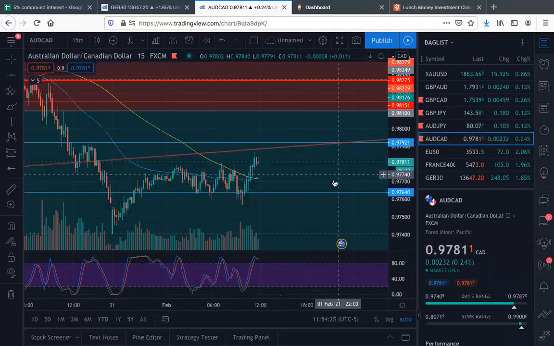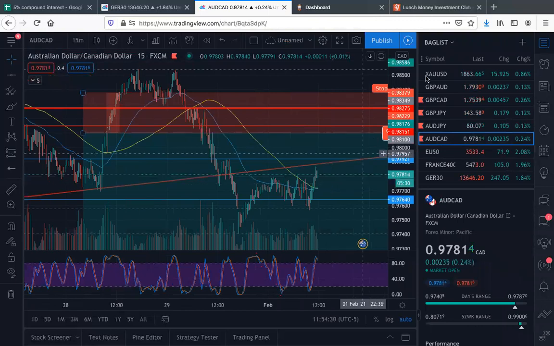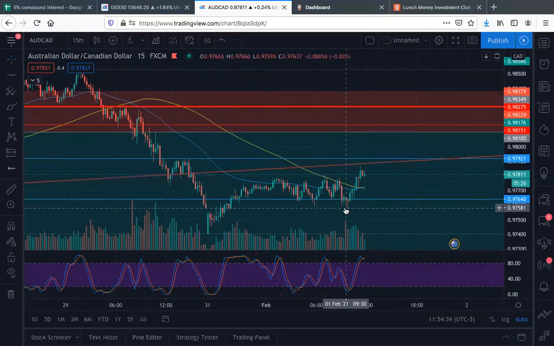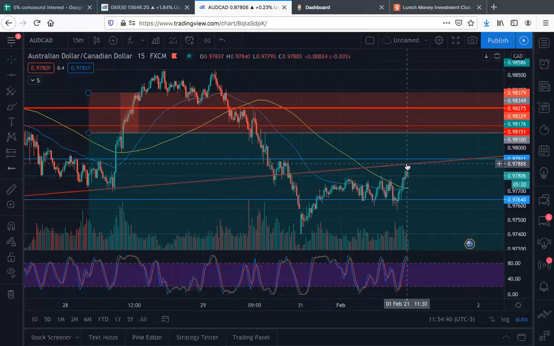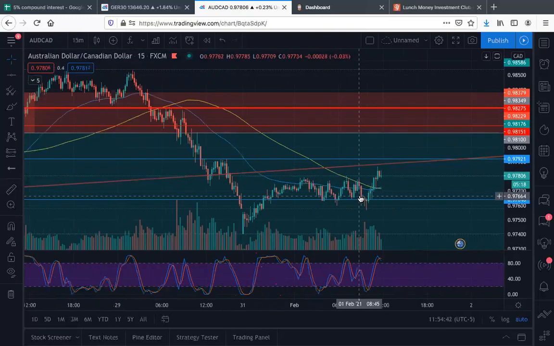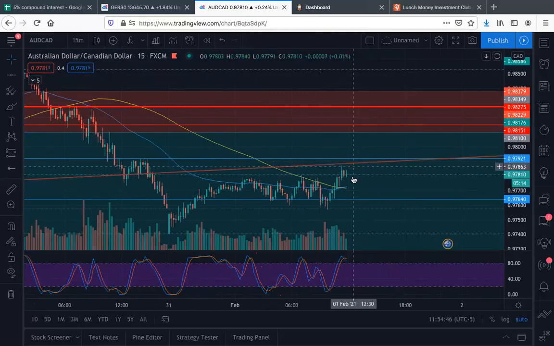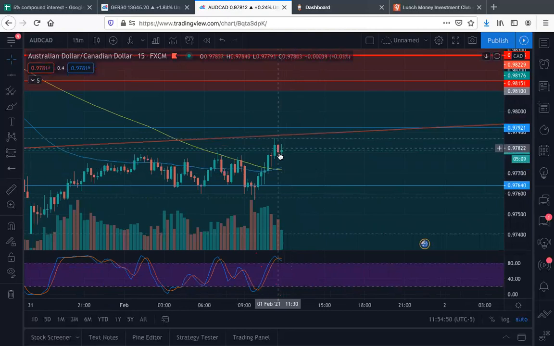Let's go back to AUD JPY and take a look at that. It looks like since we've been talking, we're getting that break and retest of our outer trend line. Price came up and gave us a rejection.